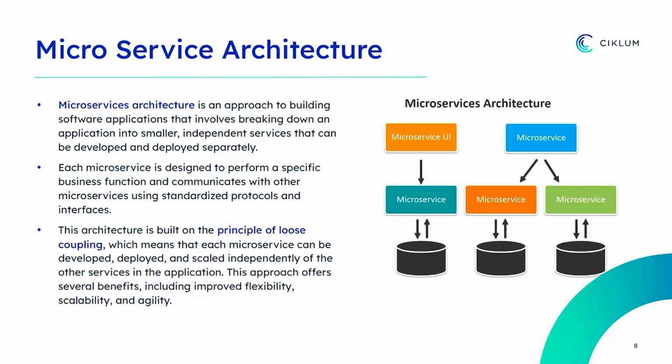They might be interacting with other services in order to complete the functionality, but they could be developed independently. So this is the basics of microservice architecture: broken down, work independently, managed independently, released independently, and the interaction between the microservices would always be loosely coupled.